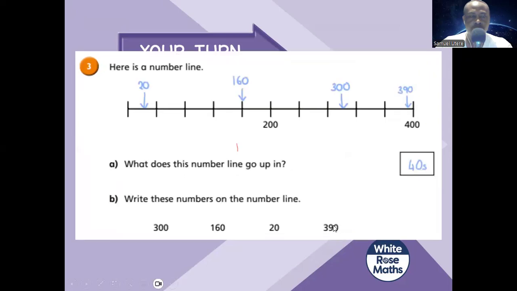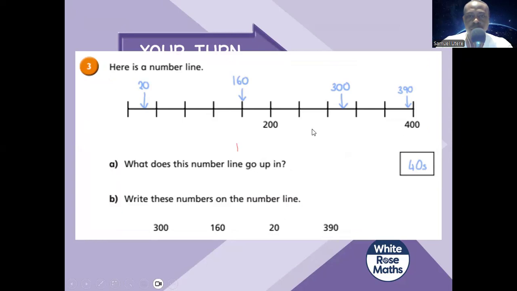So here you're asked, what does this number line go up in? To be able to answer that question, you could simply look at 200 and the start of the number line. But we don't really know what value the number line starts at. So I think it's helpful to use the numbers we have. So we have 200 here and 400 here.